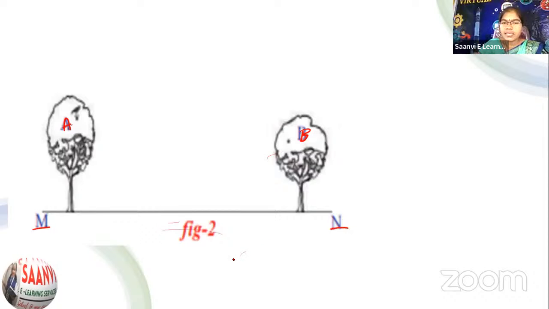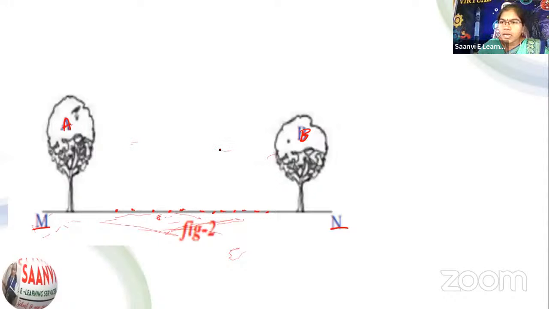Here one crow is on tree A. The M to N is a surface. Some grains are here between the M and N surface.